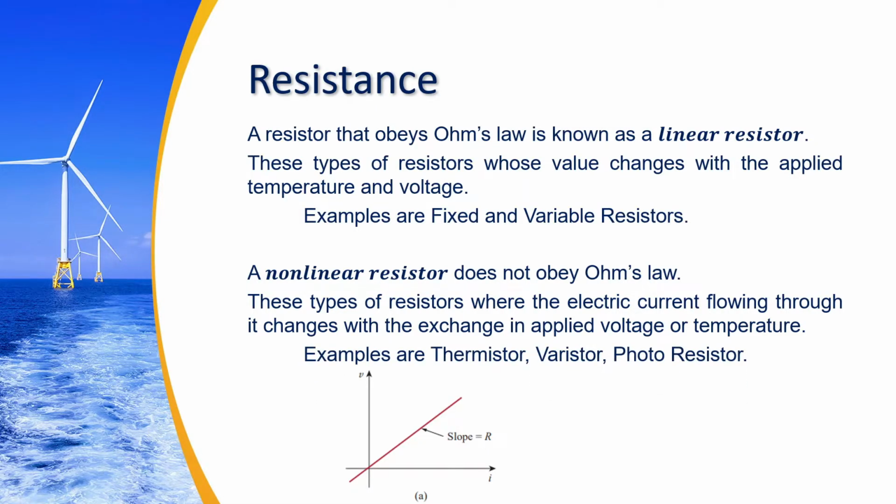So, ano ba mga examples niya? Thermistor, varistor, photoresistor. Kaya kung titignan natin itong characterization niya, mapapansin natin na pabago-bago yung slope. Kung pabago-bago yung slope, therefore, pwede nating bago-baguhin din yung resistance natin.